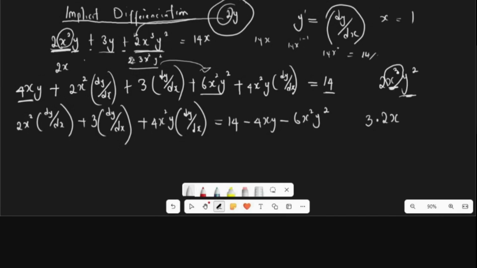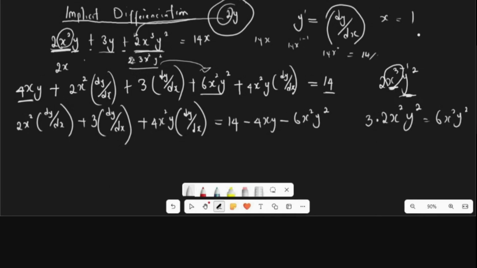Well, this is going to be 2 now, because it's 3 minus 1. So it's going to be squared, and then we have a y squared. Please don't touch the y. And then the answer is going to be 6x squared y squared.